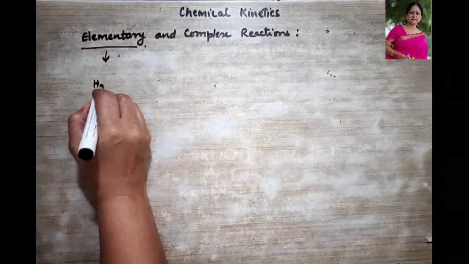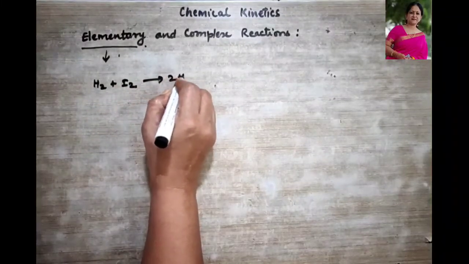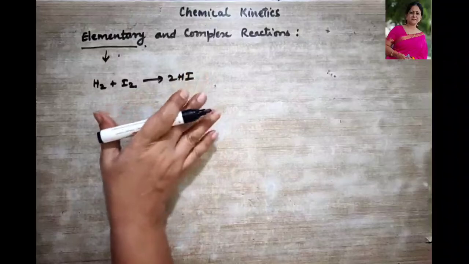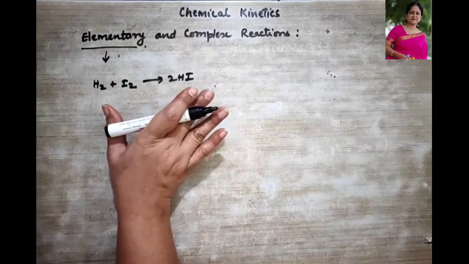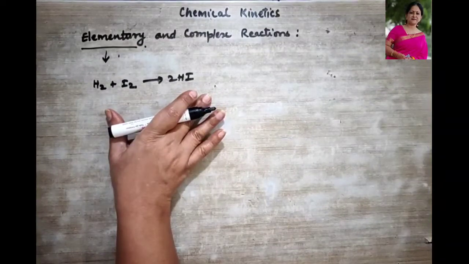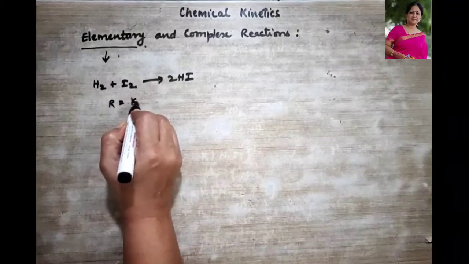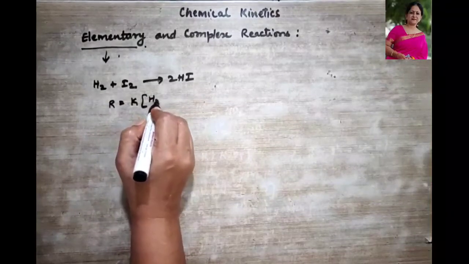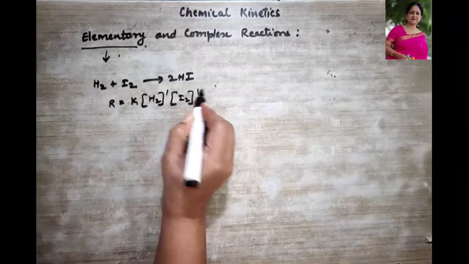Like for example, H2 plus I2 gives us 2HI. Clear? So over here, it is an elementary reaction. Now why is it an elementary reaction? Let us look at the order of reaction over here. If you look at the order of reaction, you will find K is equal to [H2] to the power of 1 and [I2] to the power of 1.